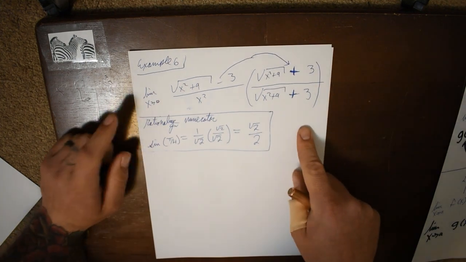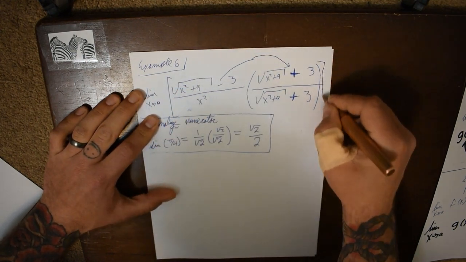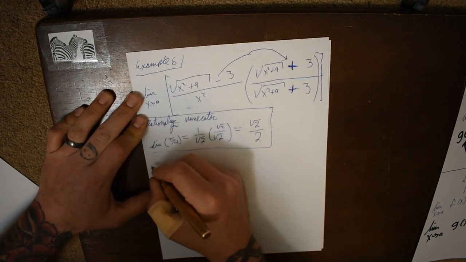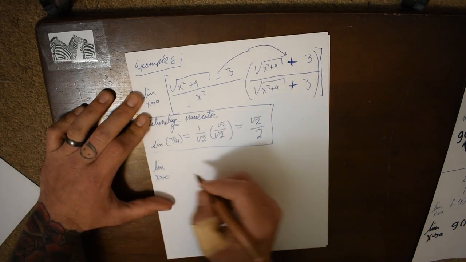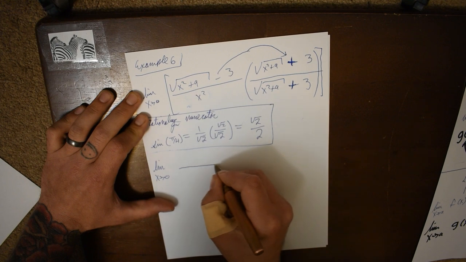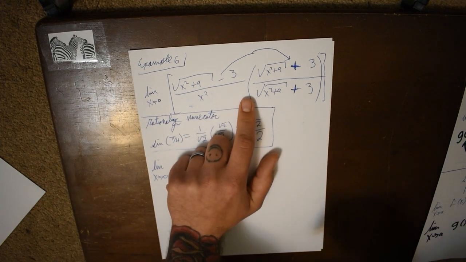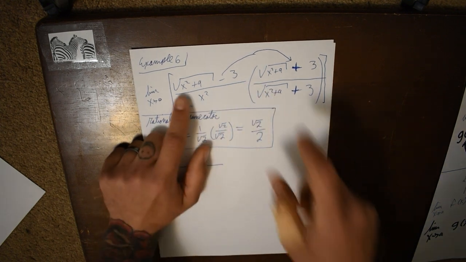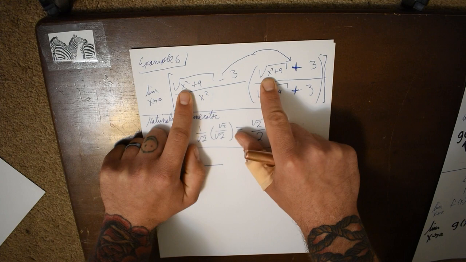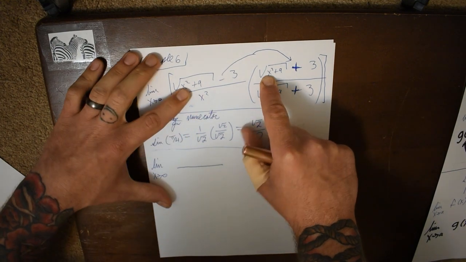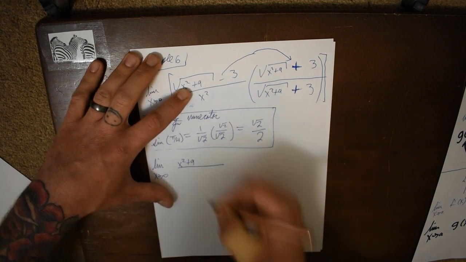Now, when you use the distributive property on this thing, this limit, I'm just going to drop down. So now, our numerator, when we do the square root of x squared plus 9 times the square root of x squared plus 9, that'll just give us x squared plus 9.